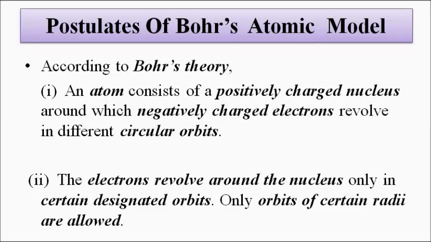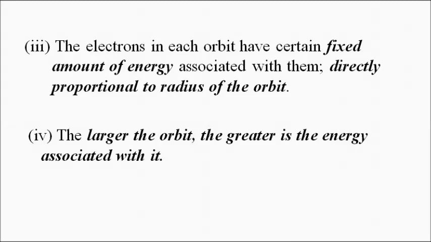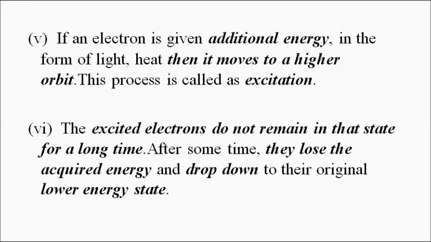Each electron revolving in a particular orbit has a certain fixed amount of energy associated with it, which is directly proportional to the radius of the orbit. So as the size of the orbit increases, the energy associated with it also increases.